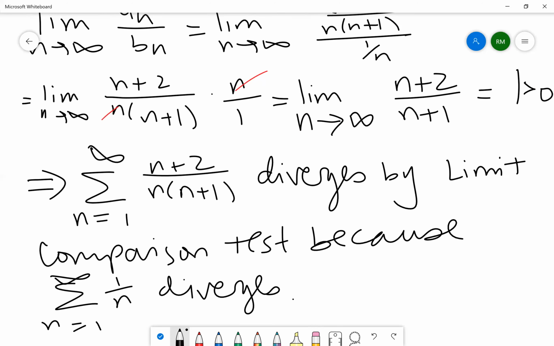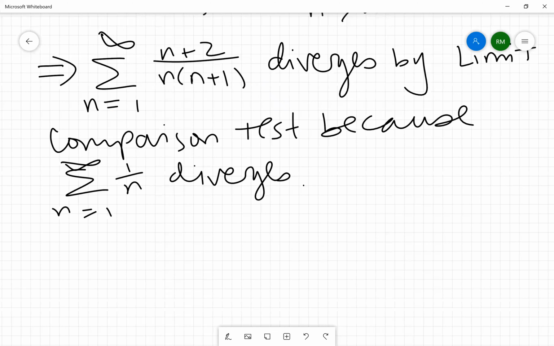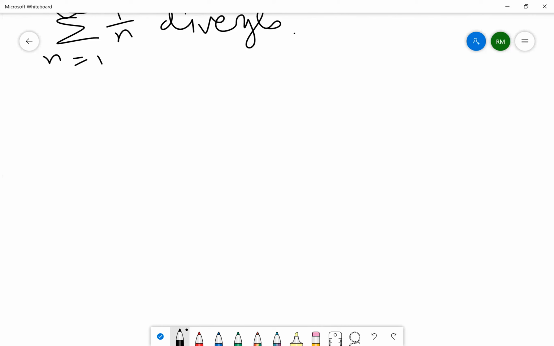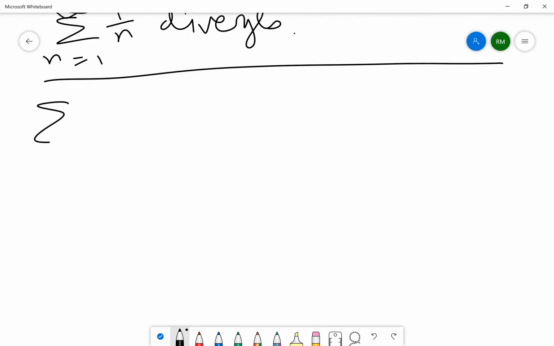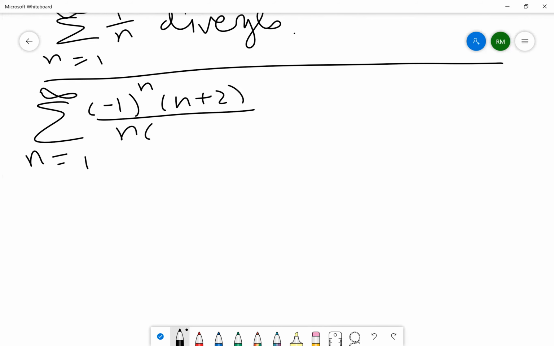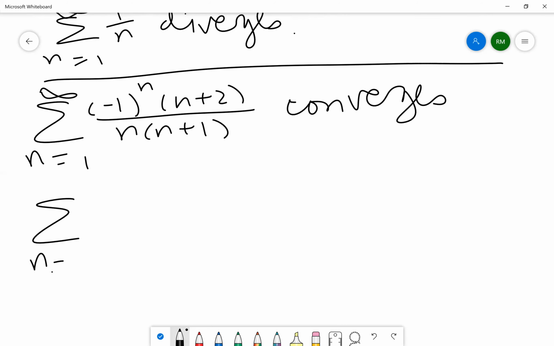Okay, so now that's good to know. Let's summarize. So this series that we began with converged, but the series of absolute values diverged.